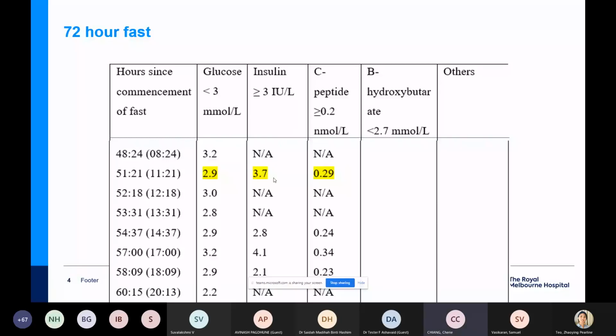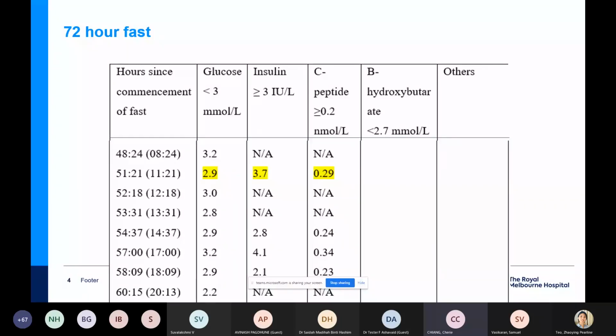So yes, we need to exclude surreptitious insulin, and of course, if the patient is taking sulfonylurea, then both insulin and C-peptide would be inappropriately high. And we do a sulfonylurea screen, which in this patient is negative. And we also do an insulin antibody to ensure there's no interaction or interference with our insulin assay. So we have had a few cases of Hirata syndrome, which is autoimmune hypoglycemia due to a high insulin antibody.